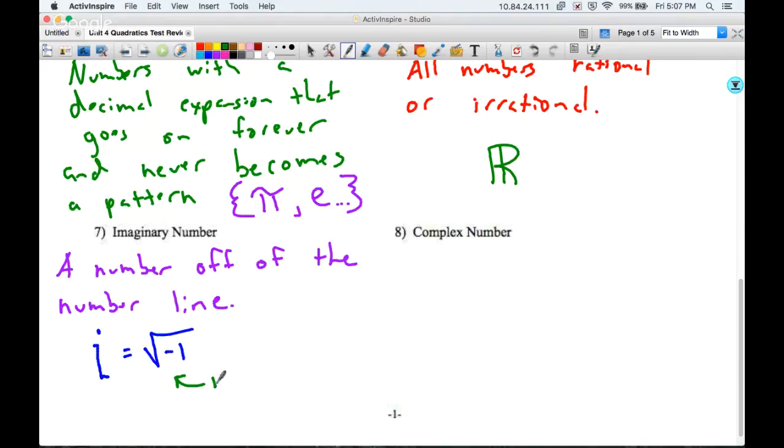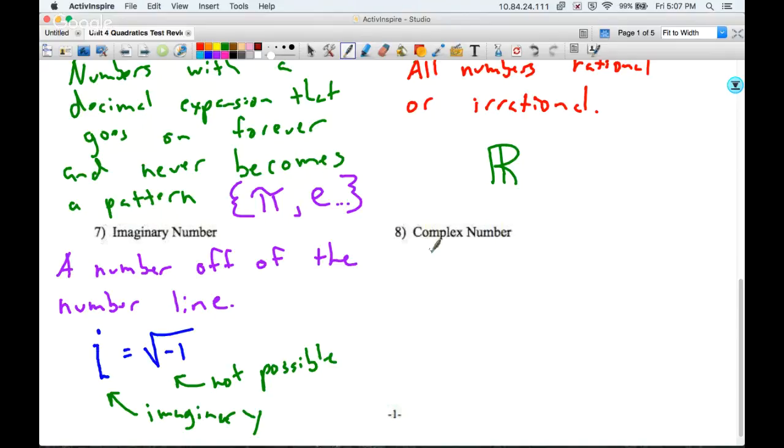This is not possible. Therefore, i is imaginary. But just because i is imaginary doesn't mean it's not useful. We can still do a lot of things with i. And the fact that it's off the number line helps us have two-dimensional numbers.